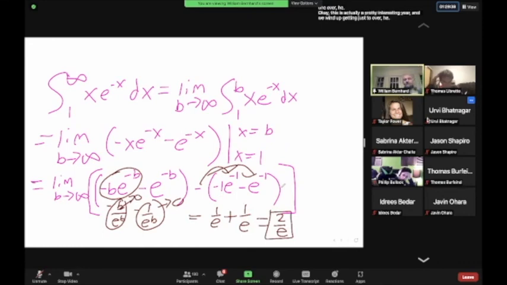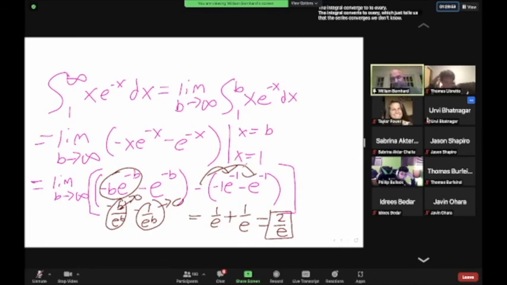Now, some people on the midterm lost credit from one of the TAs because they said that the series converged to 2 over e. That's not true. The integral converged to 2 over e, which just tells us that the series converges.